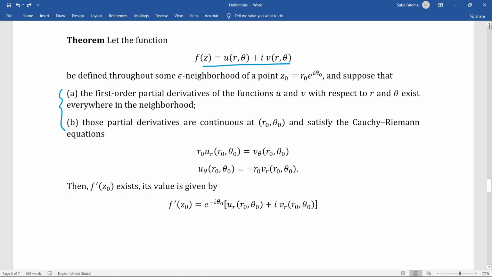We also have the formula for finding the derivative of f, which is e to the power minus i theta times u sub r plus i v sub r. At a particular point, z naught equals r naught theta naught, it takes this form.